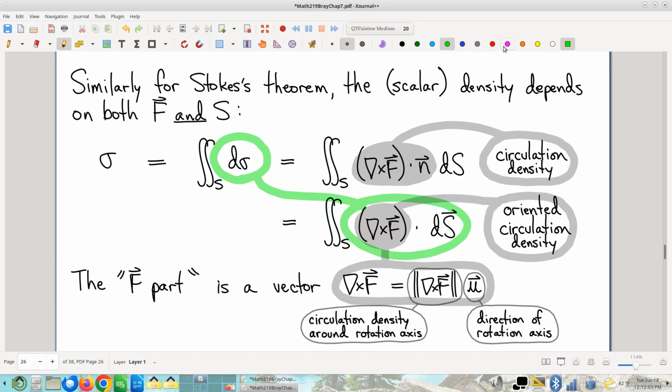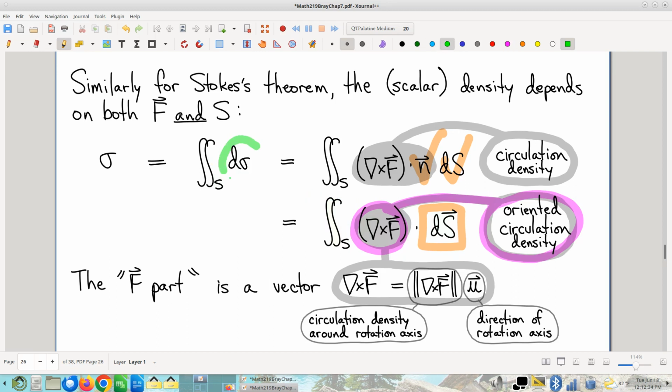It's just that now, instead of size alone, I'm thinking of circulation per unit oriented size. Again, that's what the ds vector is. ds tells you the orientation and the size of your little piece of surface. And as such, it just makes loads of sense to think of curl as being an oriented circulation density.